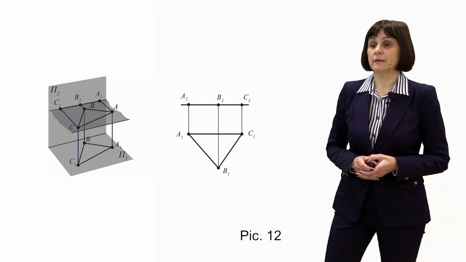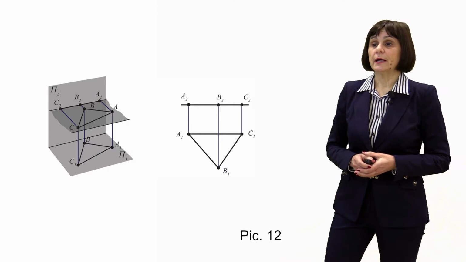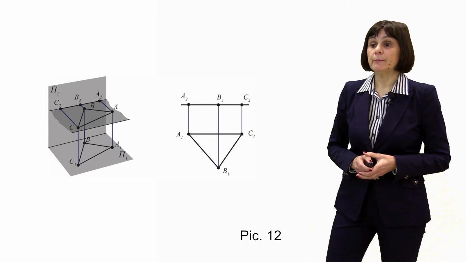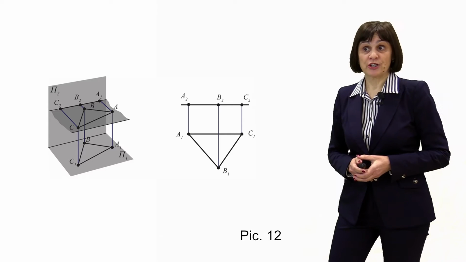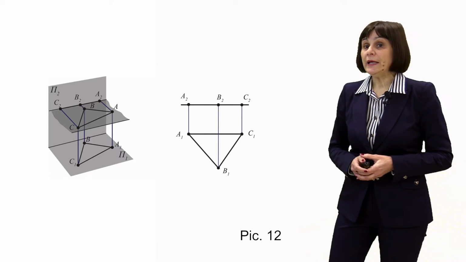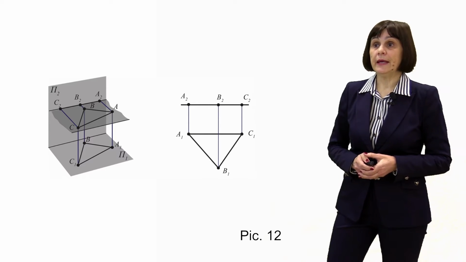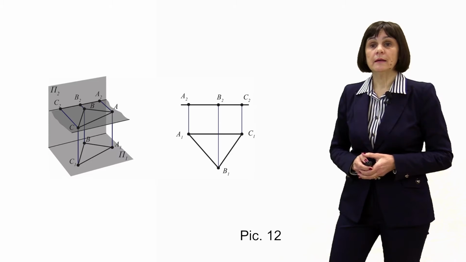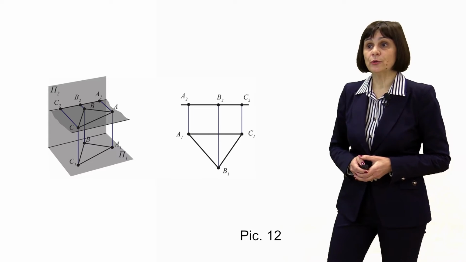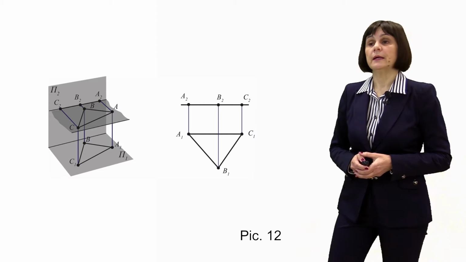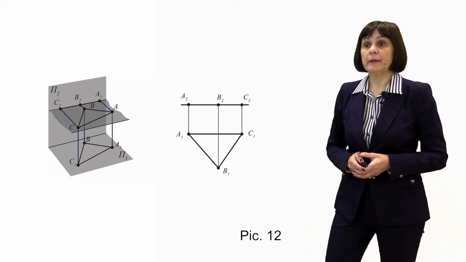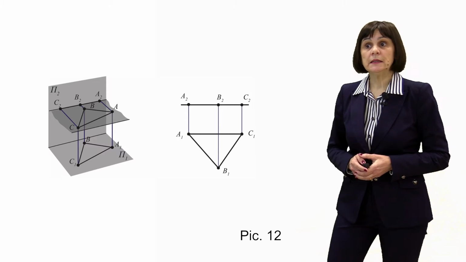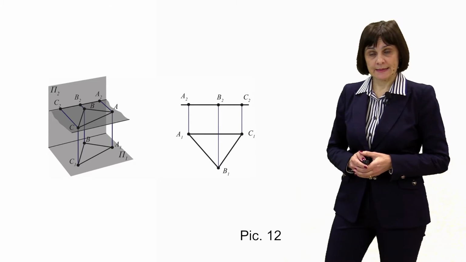Horizontal plane of the level is a plane parallel to the horizontal plane of the projections. We have triangle ABC lying in the horizontal level plane. This triangle is projected on the plane pi1 in full size.